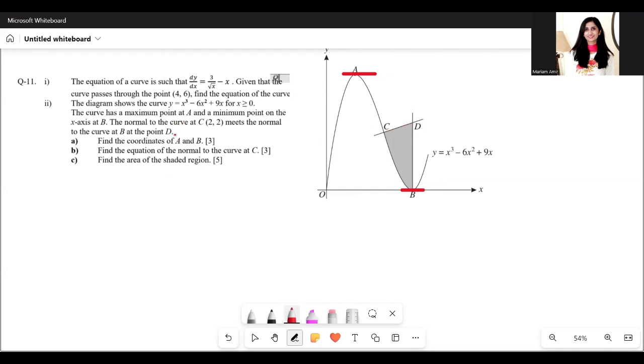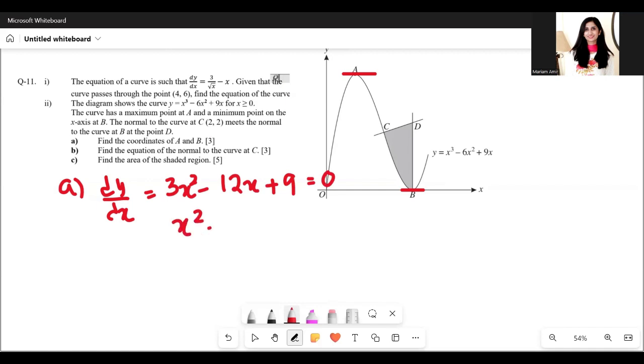Okay, in the first part, we have to find coordinates of A and B. So we have to differentiate the given curve and equate it to 0 because that's the stationary point. So dy by dx is going to be 3 comes down, 3x squared, minus 2 comes down, minus 12x plus 9, equated to 0. So I'm going to divide both sides by 3. So x squared minus 4x plus 3 equals 0.